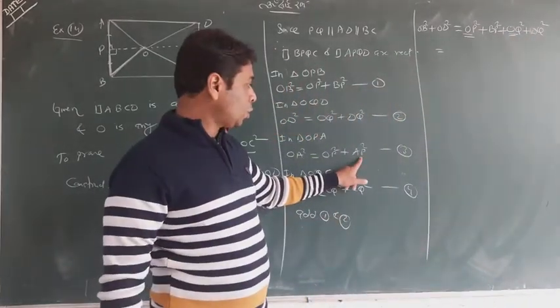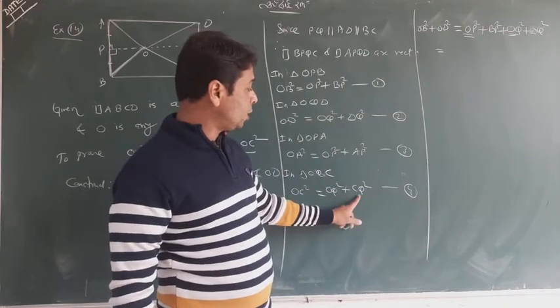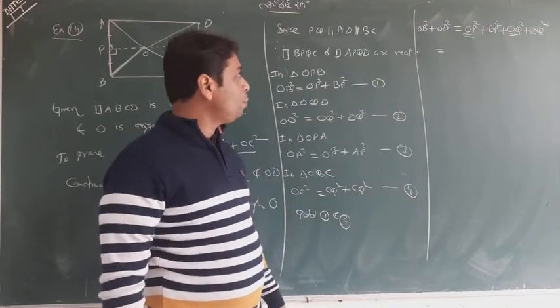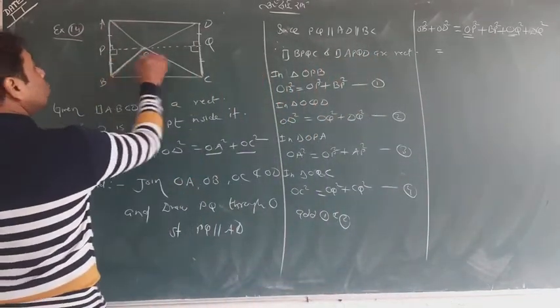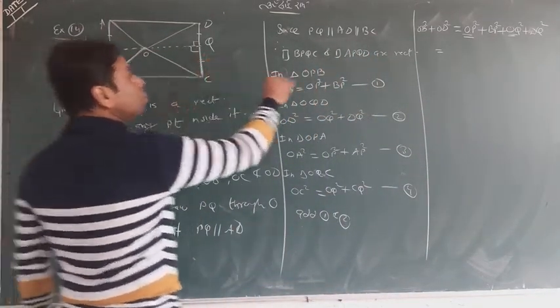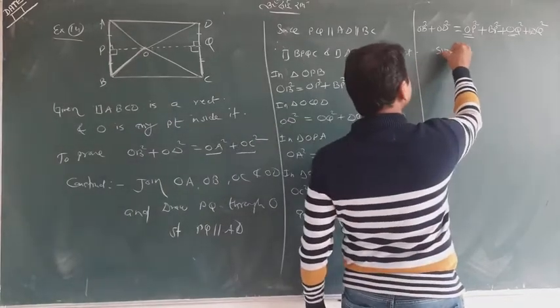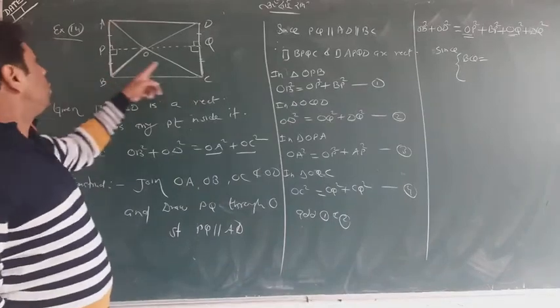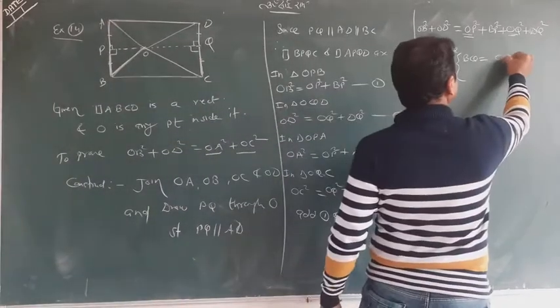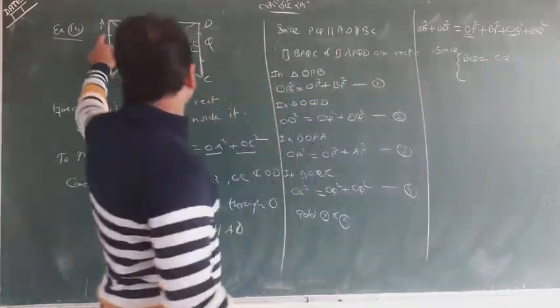I need AP square which is not there, I need CQ square which is not there. So you can see that BP is equal to CQ, right here, and AP is equal to DQ.